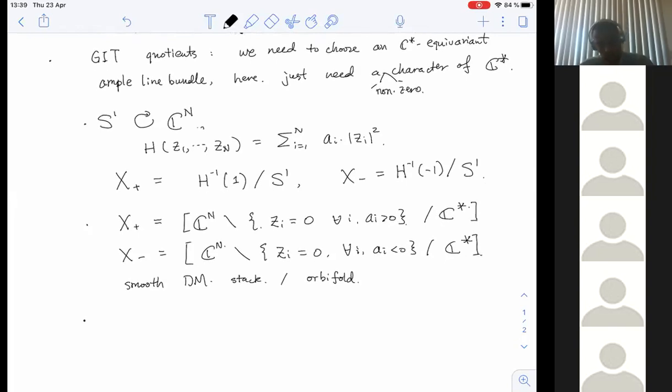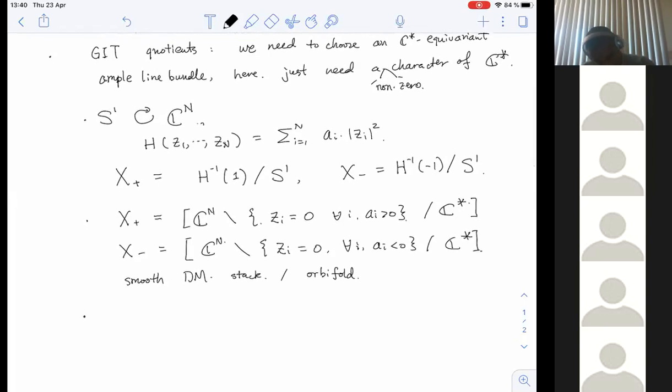So we have these two quotients, and we can apply homological mirror symmetry to them. One way of doing homological mirror symmetry is to use constructible sheaves. So there is mirror symmetry with mirror given by constructible sheaves on a torus.